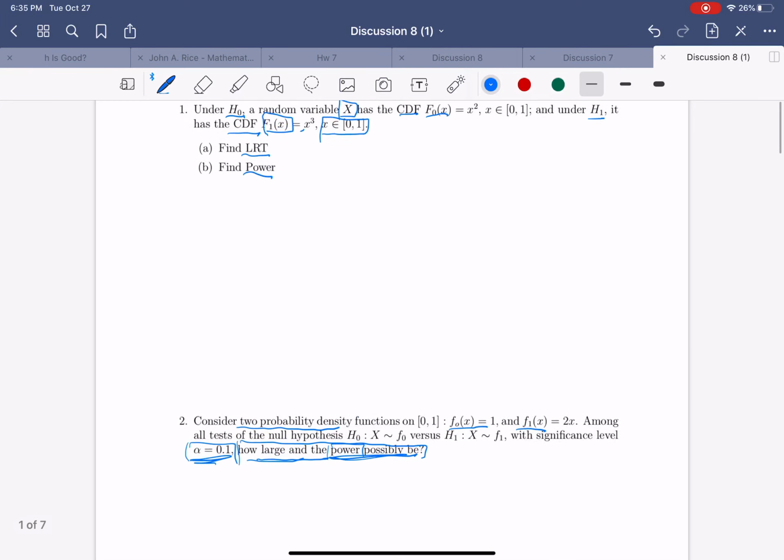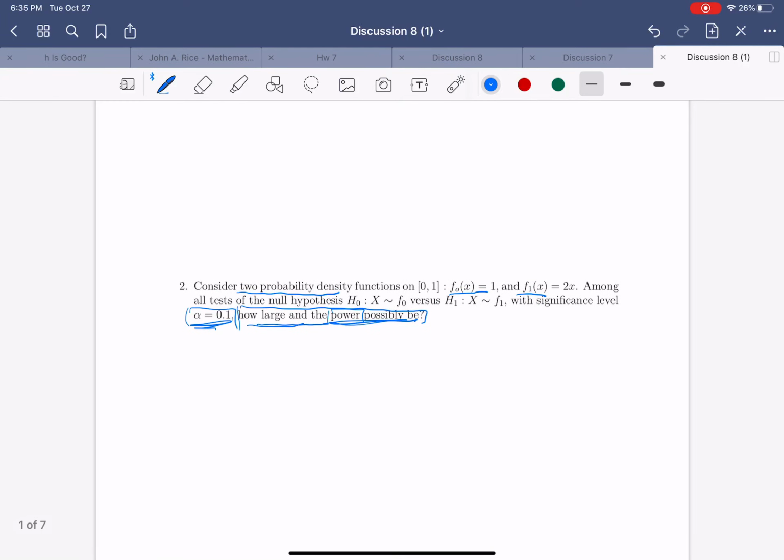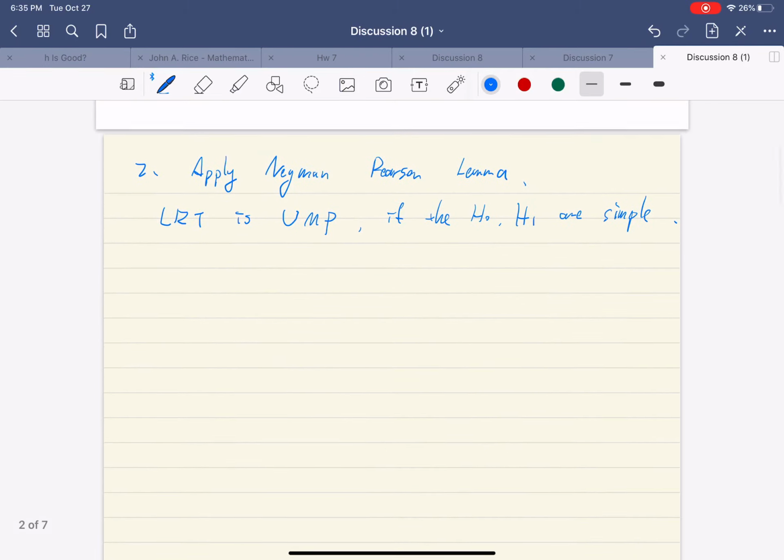So you can see in this case the null is f0 and the alternative f1, so they are simple hypotheses. So we can apply the Neyman-Pearson lemma.